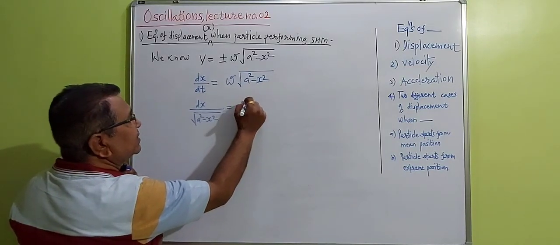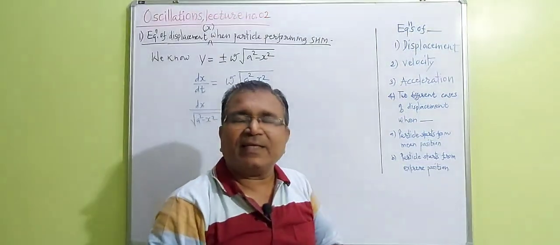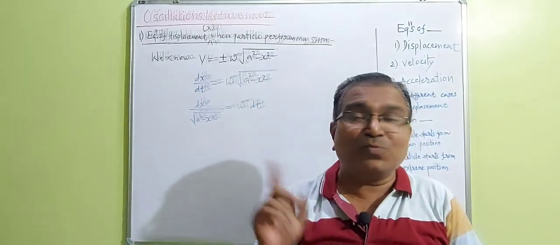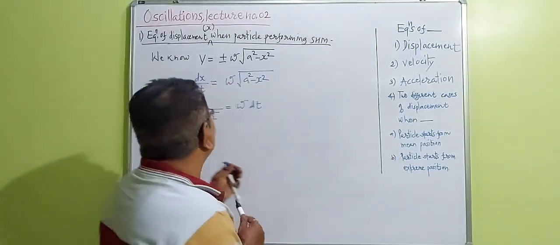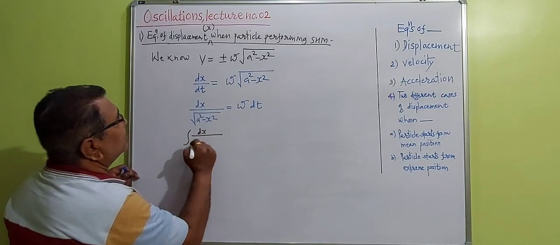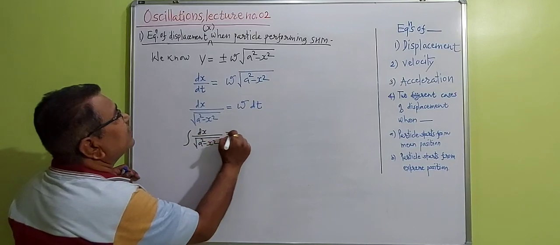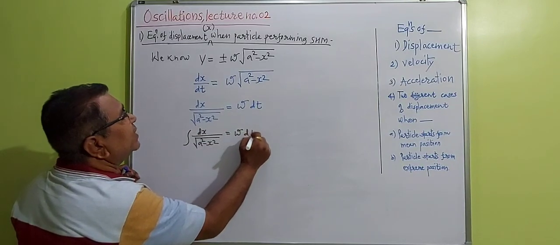Separate the variables like this, and take an integration on both the sides. You will get integration of dx upon square root of a square minus x square is equal to omega t.